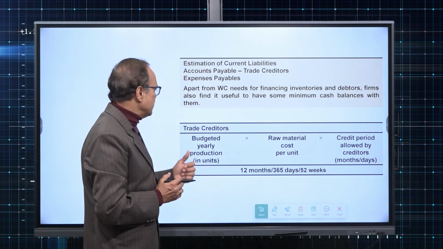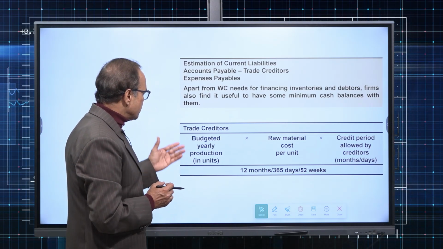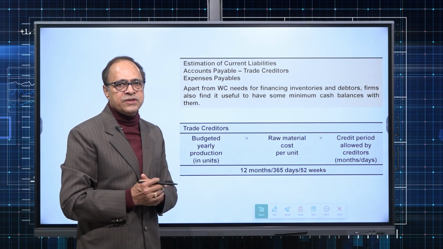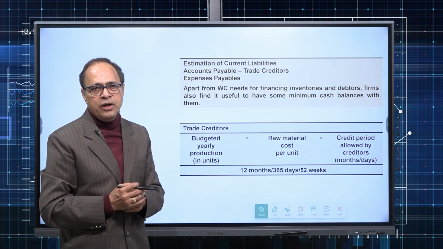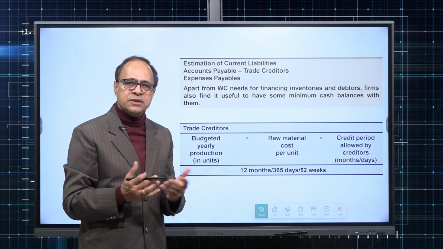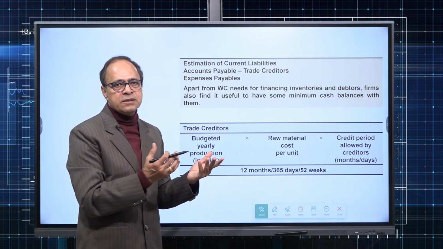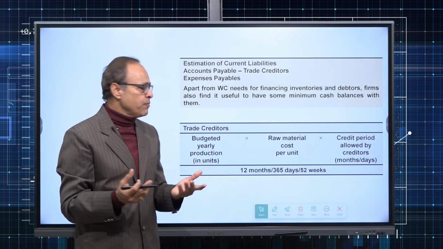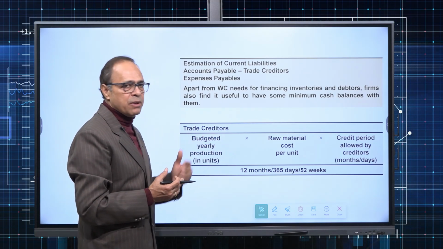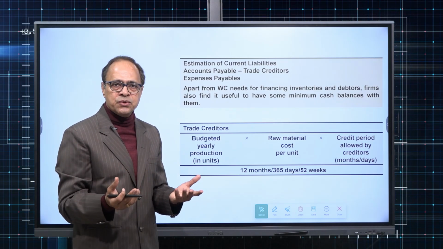Now, how do we estimate trade creditors? These trade creditors are with reference to purchase of raw material. However, if you are in a trading business, there is no raw material. You are buying ready-made goods and selling the ready-made goods, so need not worry. These will be the trade payables with reference to finished goods.